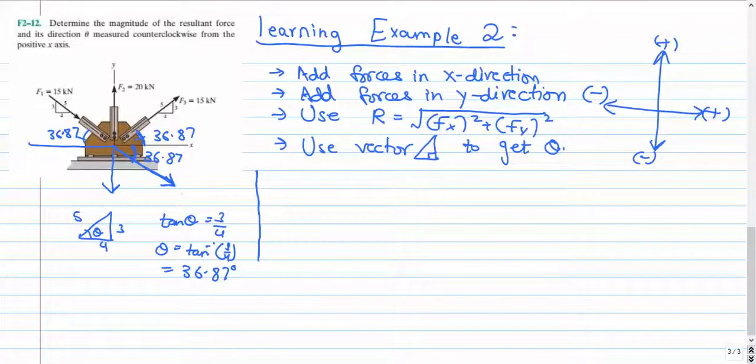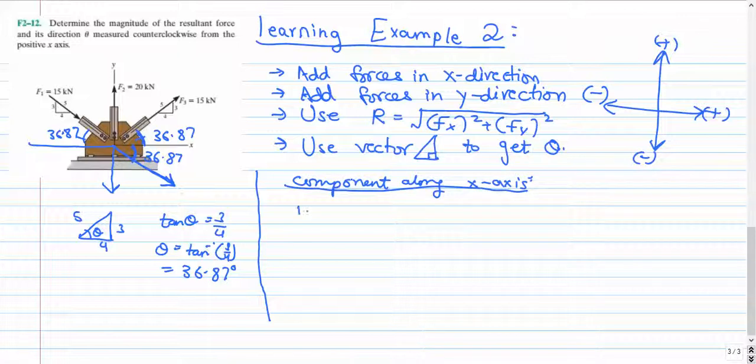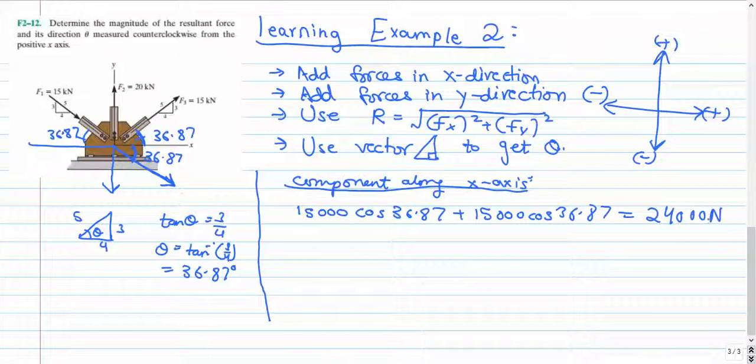So now let's add the vector components along the x-axis. So 15,000 cos of 36.87 plus 15,000 cos of 36.87 will give us 24,000 newtons.